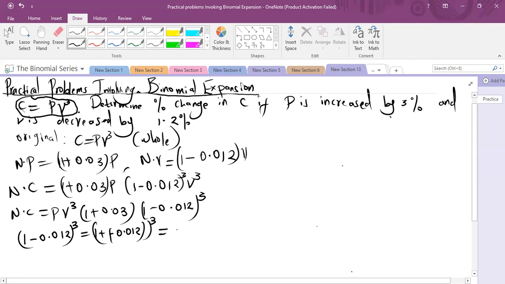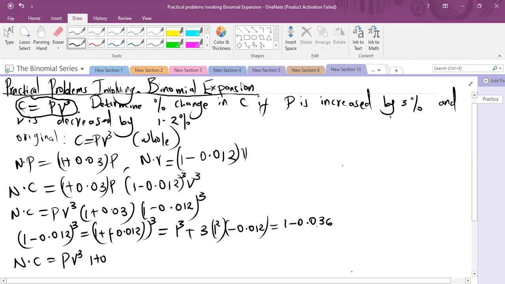So I'll have 1 raised to power 3 plus 3, 1 raised to power 2 multiplied with minus 0.012. So this is what we get, and this gives me 1 minus 0.036.